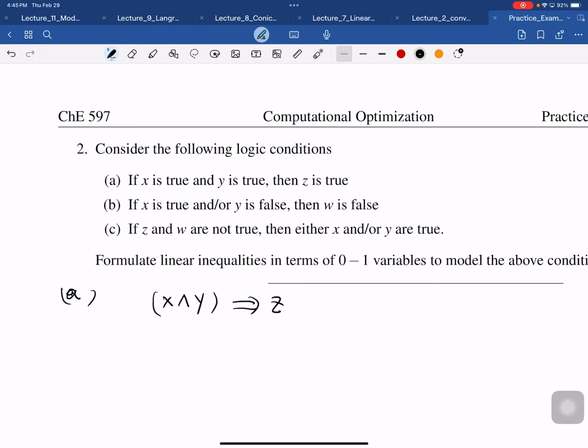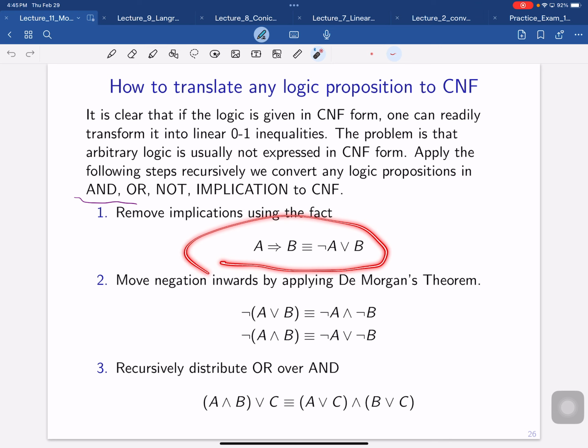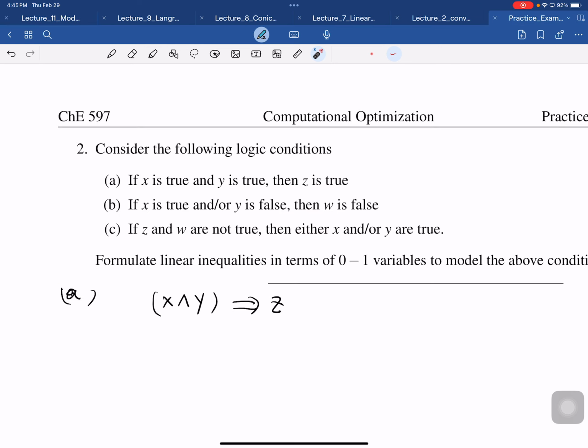Then you can follow the first step of this procedure here, right? We have an implication. You can just translate the implication to a negation and or, right? So this is equivalent to the negation of (x and y) or z, right?